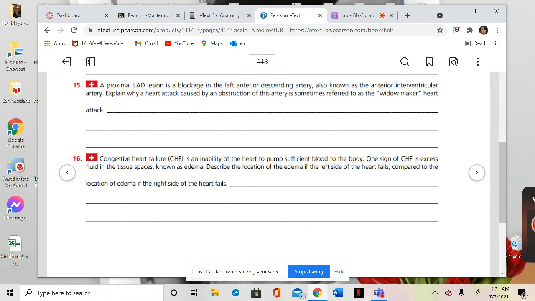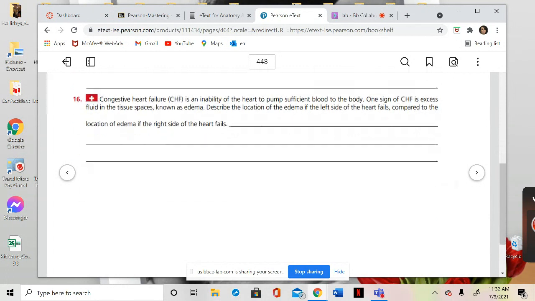So you are going to see pulmonary edema with shortness of breath. Because if it's the left side, it cannot handle the blood it gets from the lung. So the pressure is going to build up in the veins of the lung, causing fluid to leak into the lung, causing lung edema.